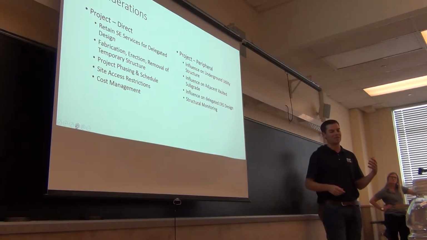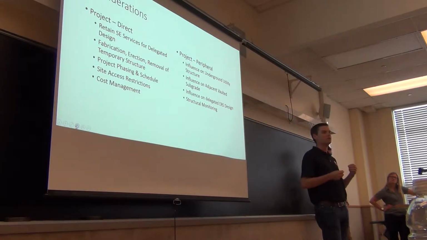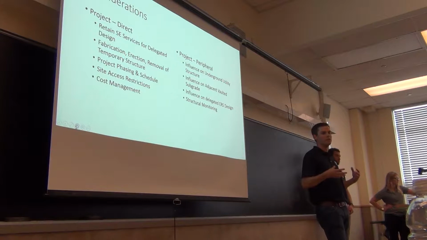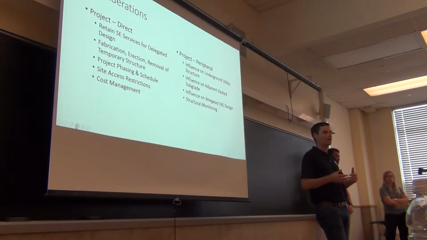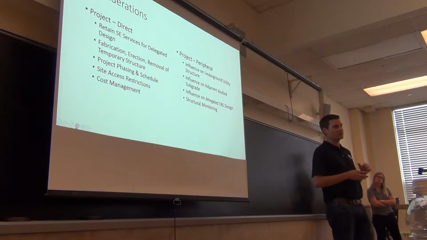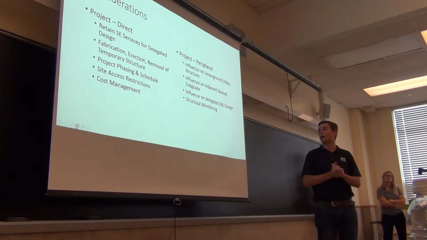When involving the SE, we had him look at it in a way where we had a lot of reusable pieces. So we were able to take down a structure at one location, and it might not be entirely reusable, but if we could reuse 90% of that, then we're that much further ahead, or at least we save on having to refabricate some of those pieces.